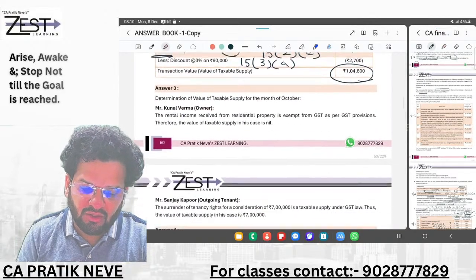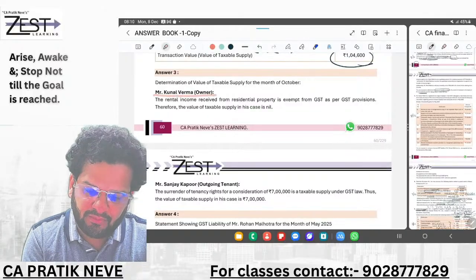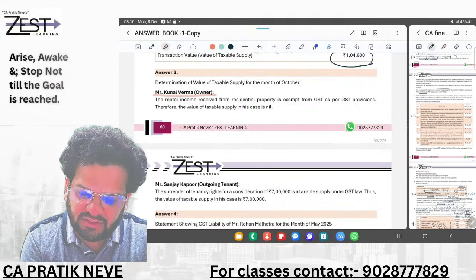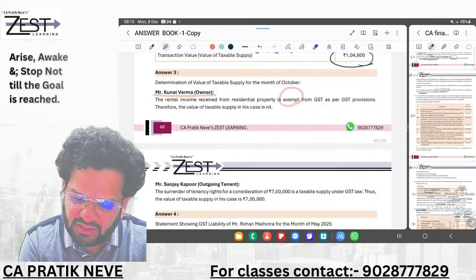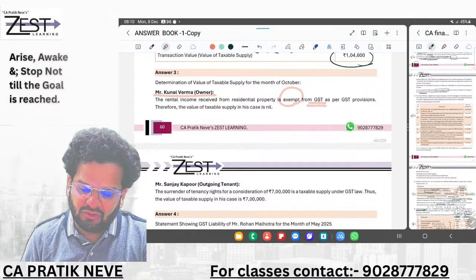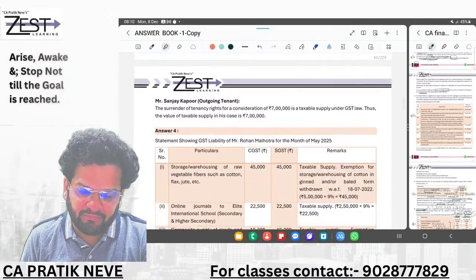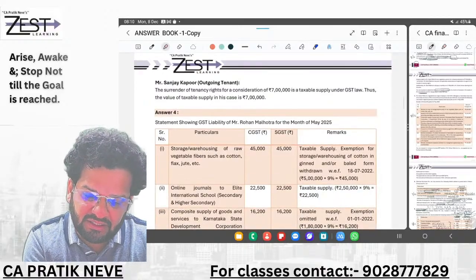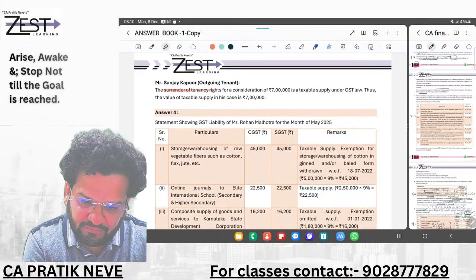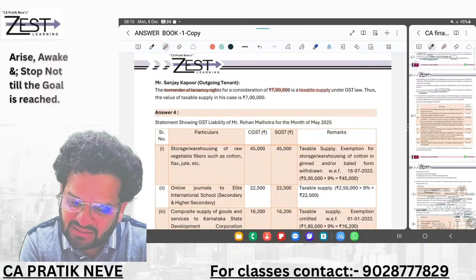Okay, so see, for Kunal Verma, who is the owner, the rental income received from residential property is exempt from GST. So he doesn't have to pay any GST, the supplier. And the surrender of tenancy rights for consideration of 7 lakh is a taxable supply.